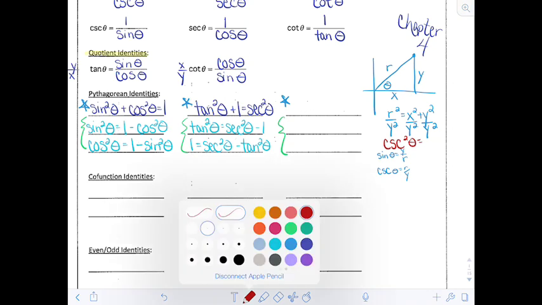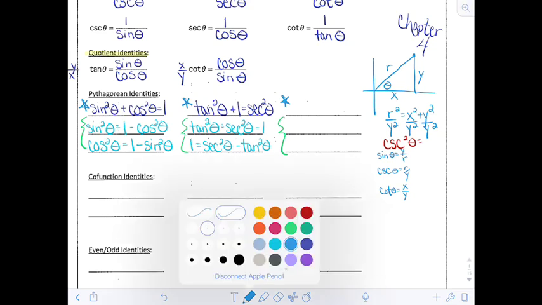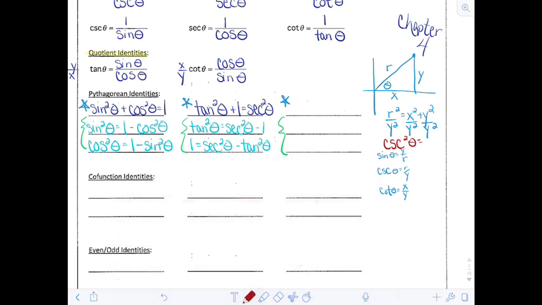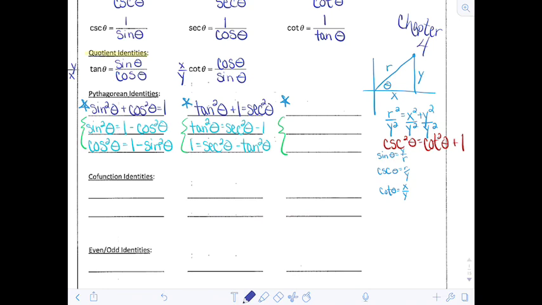Well, if I have x over y, that's cotangent of theta. So that would be cotangent squared of theta. And then plus y squared over y squared is 1. So my third Pythagorean identity is that cotangent squared theta plus 1 is equal to cosecant squared theta.